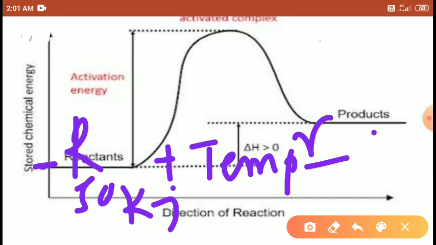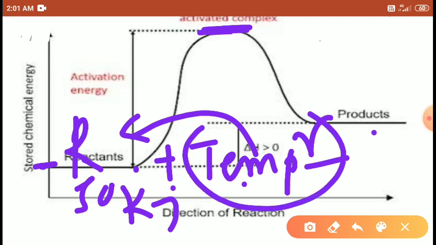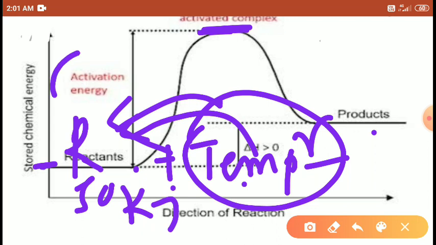When you provide this temperature to the reactant, the reactant gets energy from it, and then it reaches the activated complex state. Students, the additional energy you provide to the reactant is called activation energy.